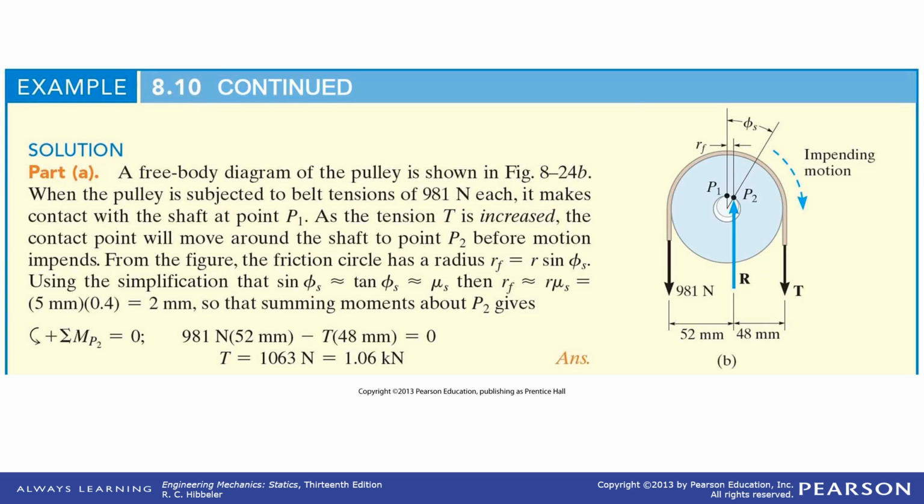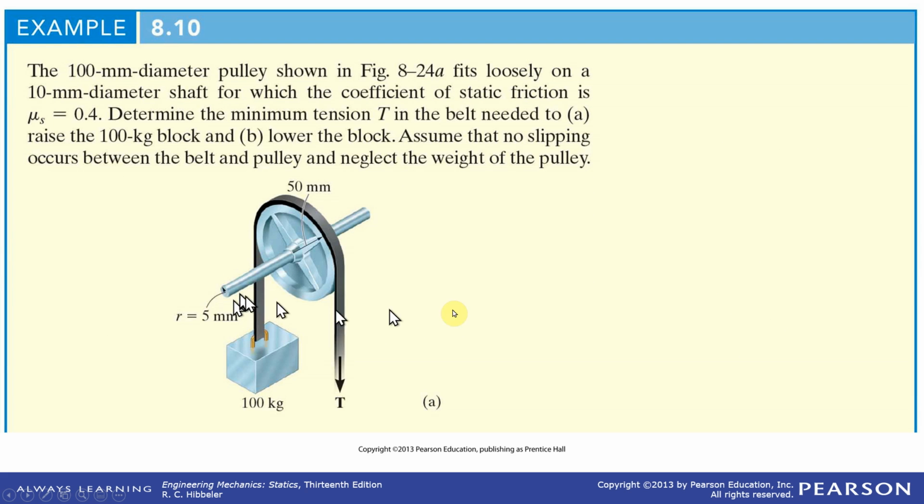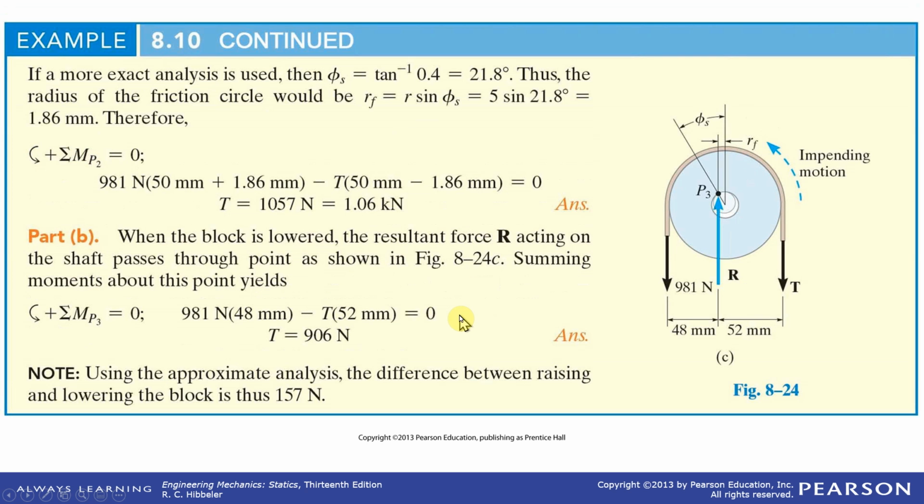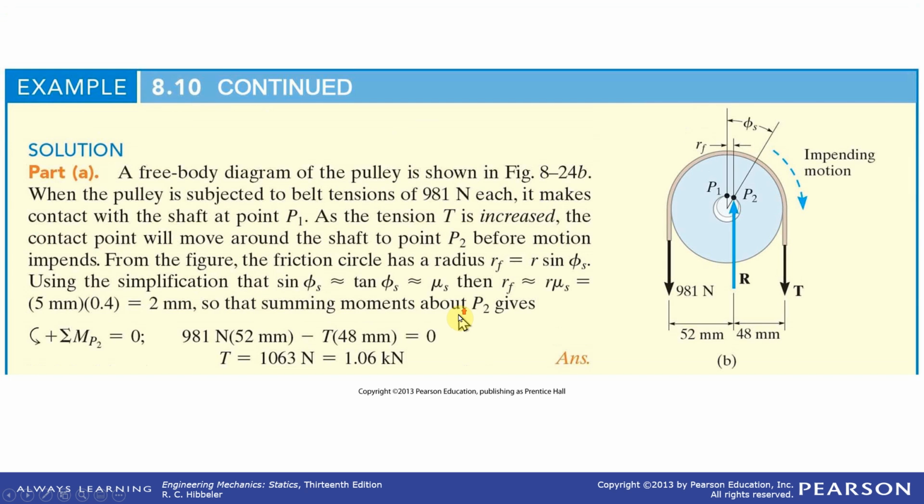Okay. So we're using a simplification. So the radius of the shaft, that would have been the 5 millimeter shaft, right? Okay, radius of the 5 millimeter shaft times 0.4, which gives us 2 millimeters.